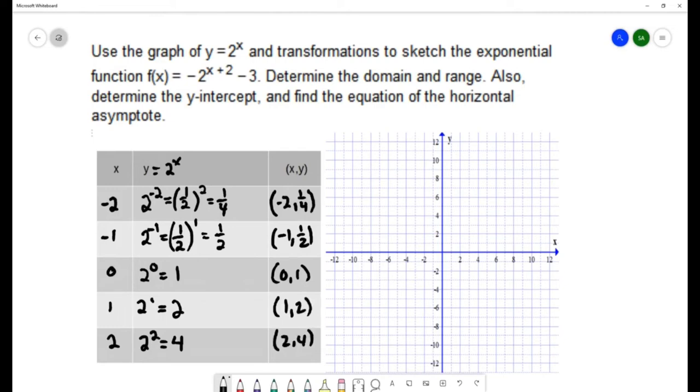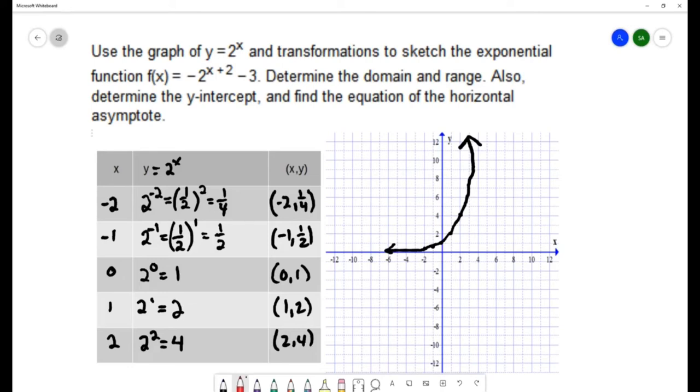So let's plot these points and take a look at what the graph looks like. As we allow our x values to get larger, this part of the graph will get larger and larger, so it's going to infinity, and on this part, the y values are going to get closer and closer to 0.